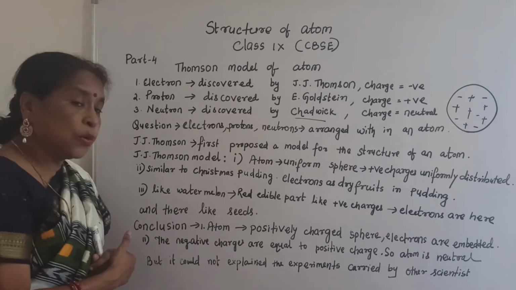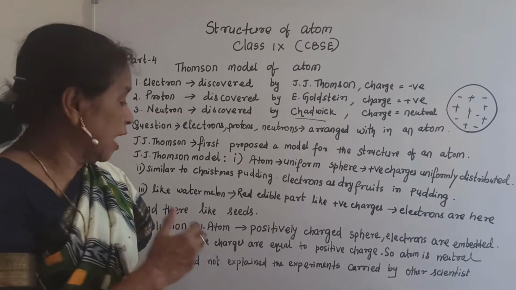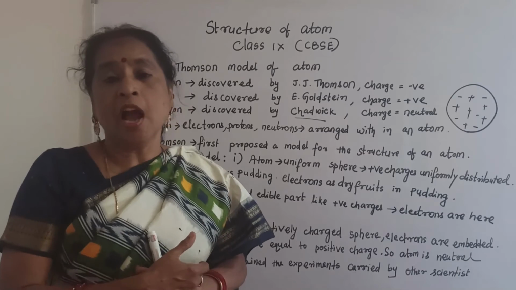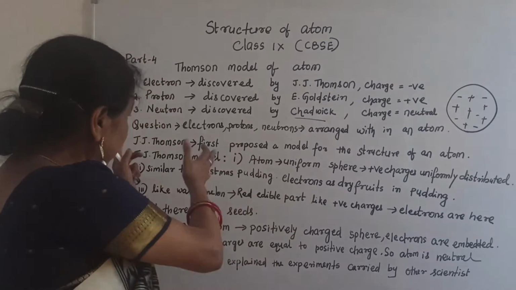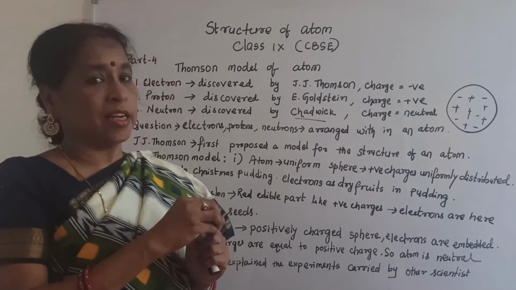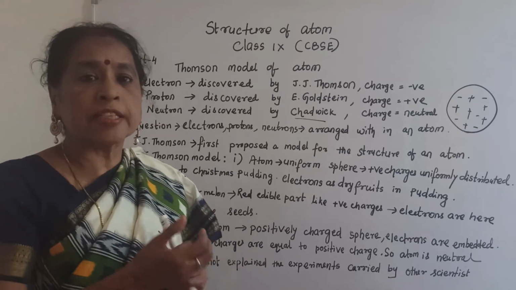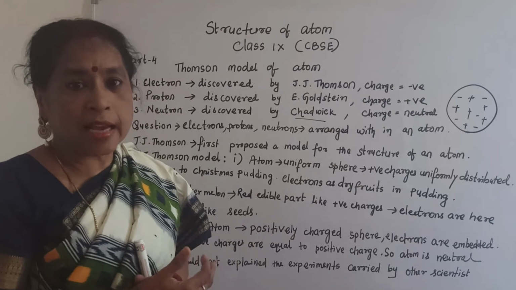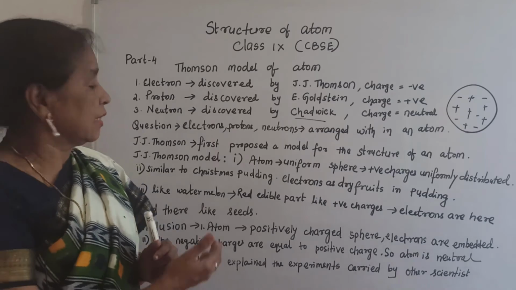But it could not be explained properly. What could it not explain? Different other scientists carried out many experiments to test the J.J. Thomson model of atom, but that model could not properly explain the results of the experiments carried out by different scientists. So the question arises, who can produce a better model?